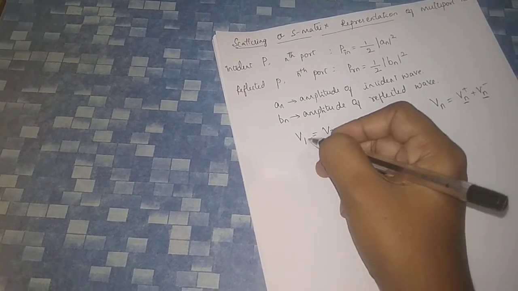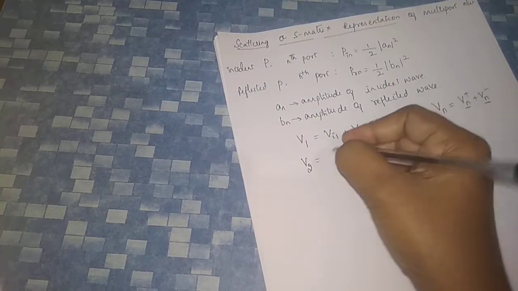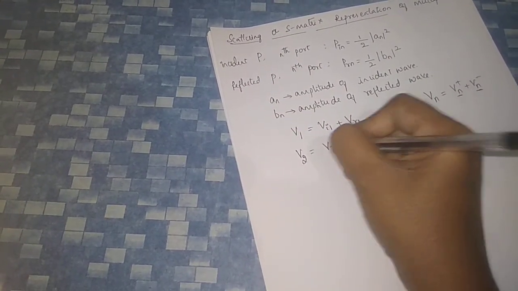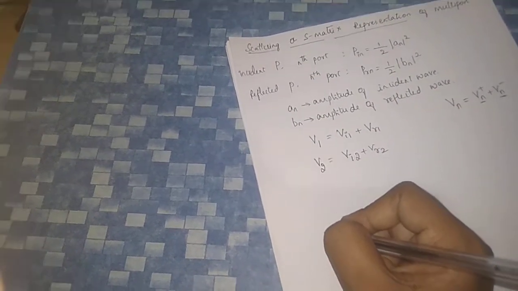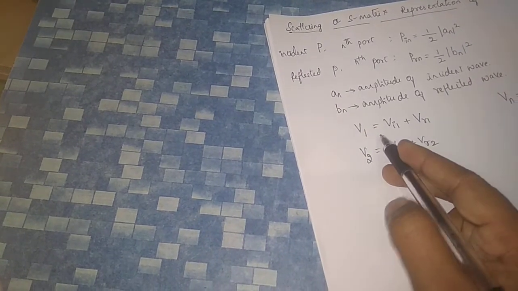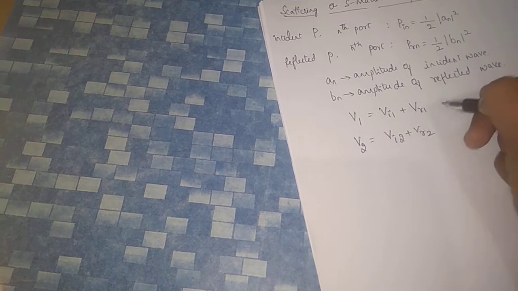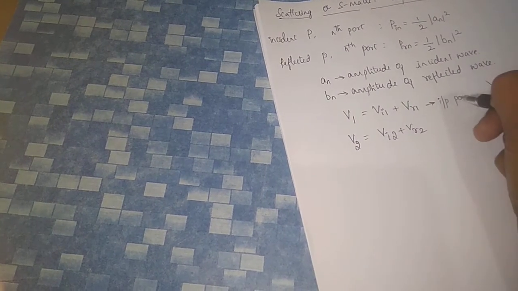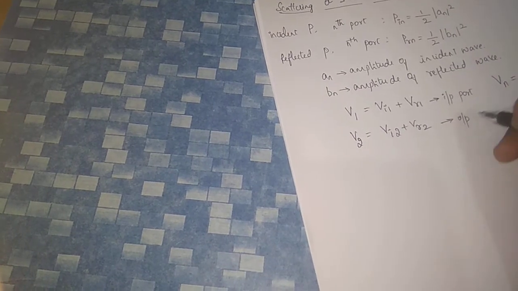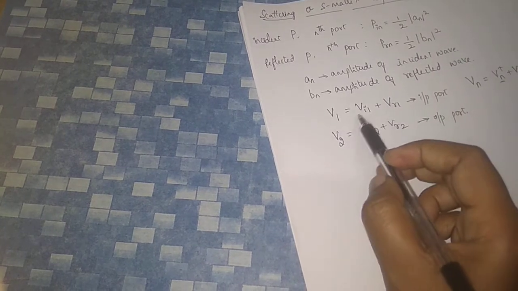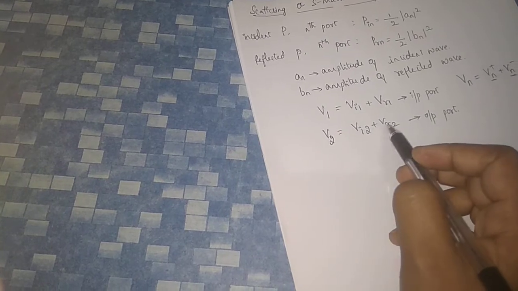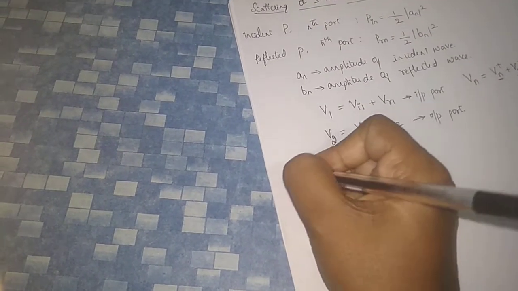Then V2 for port 2, the total voltage will be equal to Vi2 plus Vr2. This is the input port and this is the output port. I can write the voltages as V1 is equal to Vi1 plus Vr1, and V2 is equal to Vi2 plus Vr2.